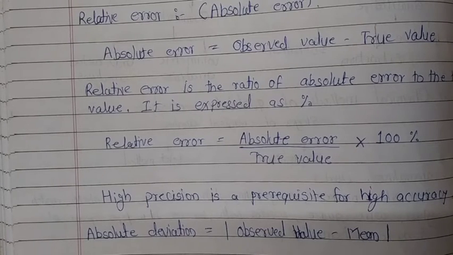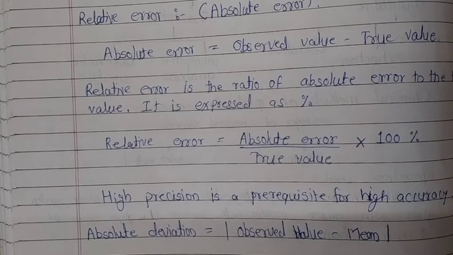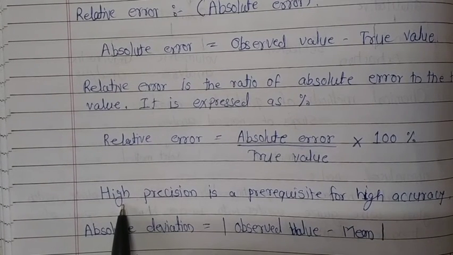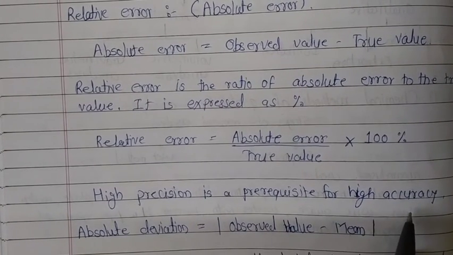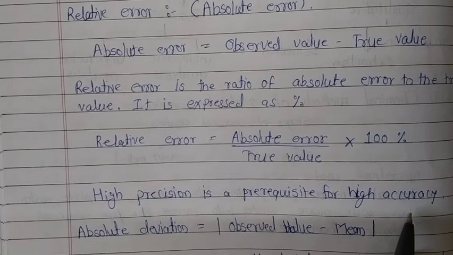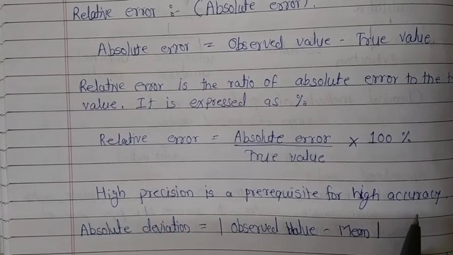So to minimize the error, multiple readings of the same quantity are noted. If the readings match closely, then they are said to have a high precision. High precision is the prerequisite of high accuracy, and precision is expressed in terms of deviation.